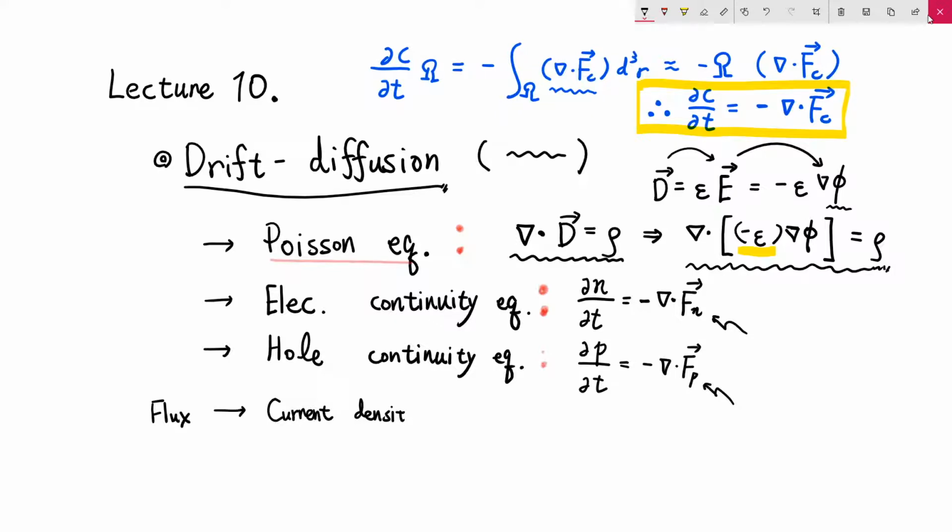So what is the difference between them? Flux is just counting number, the number per unit area and unit second. However, current density is the rate of transferring charge. So instead of the flux itself, we now say coulomb per unit area and unit time.